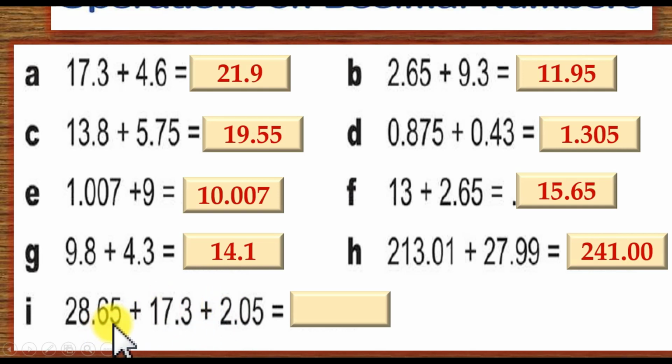So here we have 2 digits to the right of the decimal number, and if we put 0 here we will have 2 digits to the right of the decimal number, and here we have 2 digits to the right of the decimal number. 5 plus 0 equals 5, 6 plus 3 equals 9, put the decimal point, then 8 plus 7 equals 15, 5 and carry 1, 2 plus 1 equals 3 plus 1 equals 4, then add this number to 2 and 5 hundredths. The sum is 48.